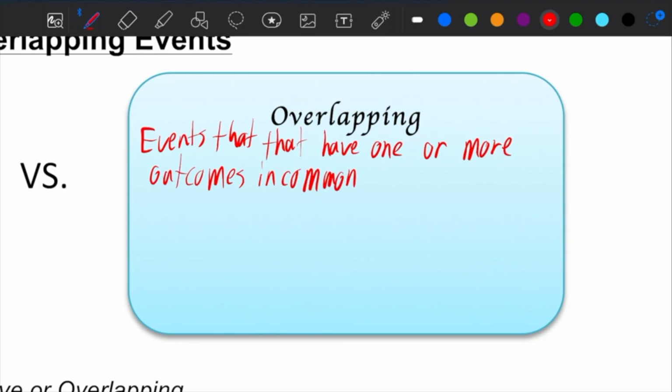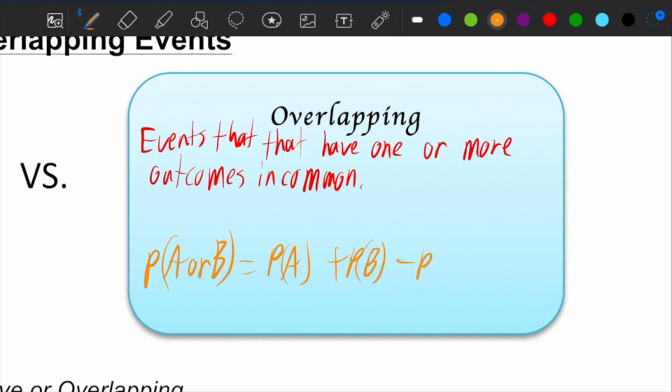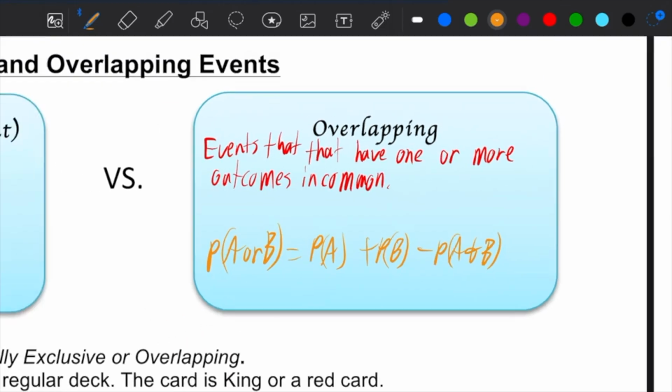You could say that they can, but not necessarily have to, happen at the same time. So here you'd say the probability of A or B is equal to the probability of A plus the probability of B minus the probability of A and B. And we'll get into the probability parts in a moment.